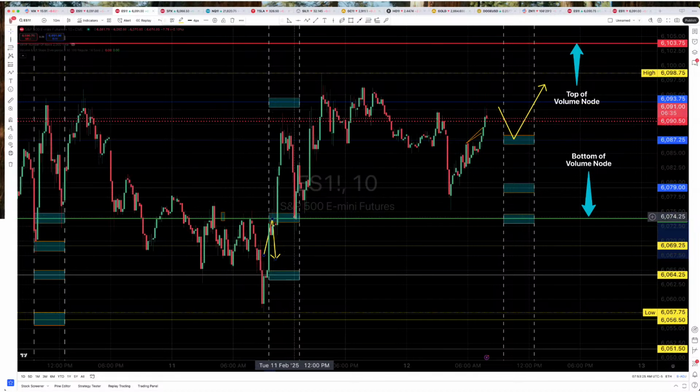But then it came right back down and found support at the bottom of the node. So there were actually potentially two different trades there. One where we went bearish and another one where it was obviously bullish. Right there we had kind of a divergence, and that would have made a good trade.